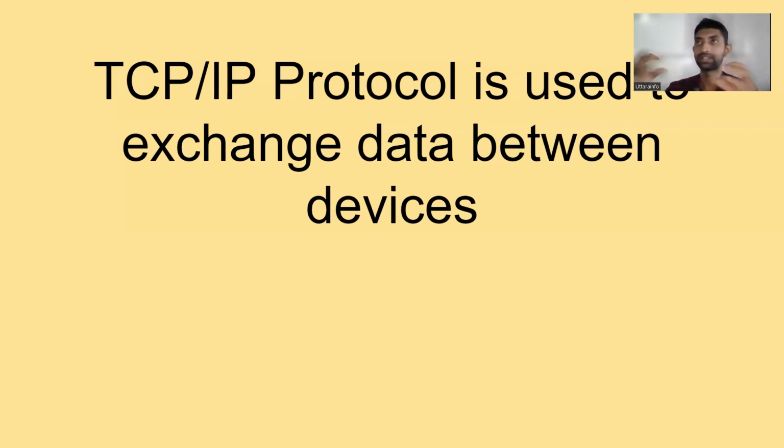It's like bits. As we studied, data is stored in bits, right? So each and every chunk is called a data packet, and those data packets are released into the network. It's not necessary that all the data packets follow the same way to reach the destination. All the data packets are marked with source and destination, and also the number: this is the first data packet, this is the second, this is the third.